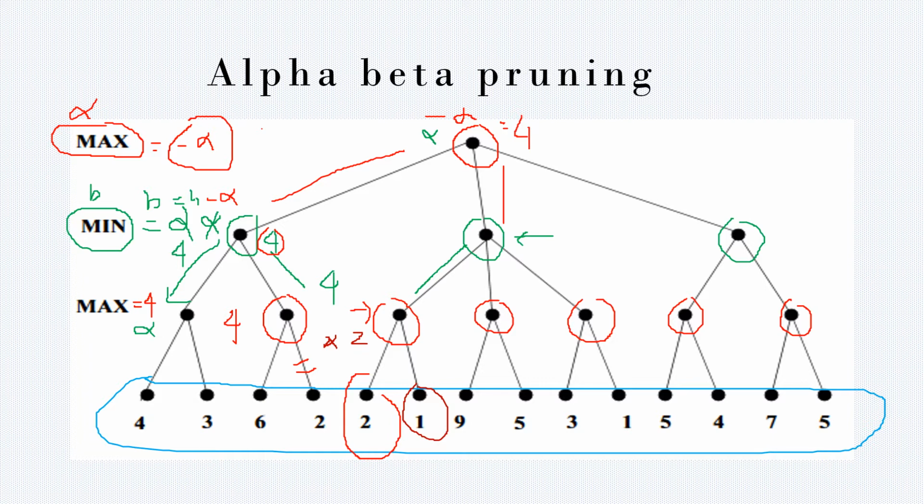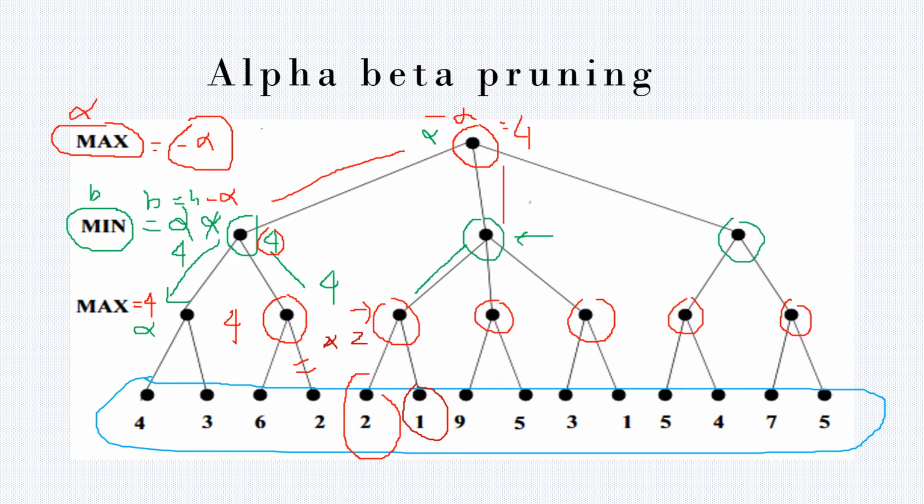Now at the top level is value beta, or it is a min. Here the value of alpha or max is equal to 2. Now this is min.